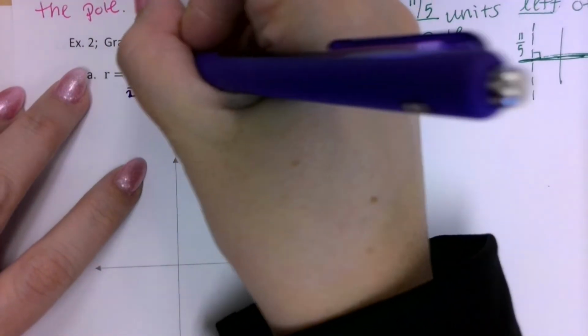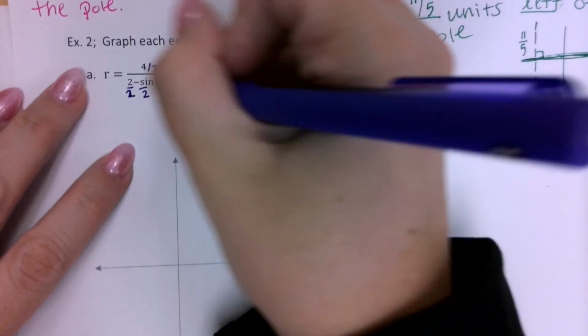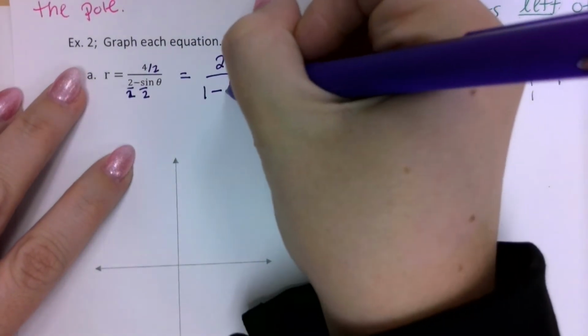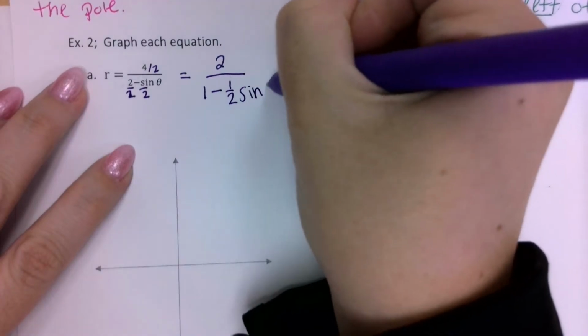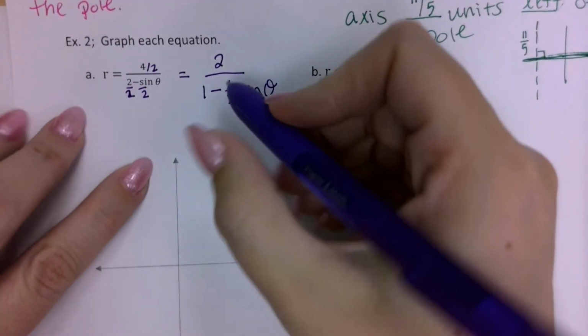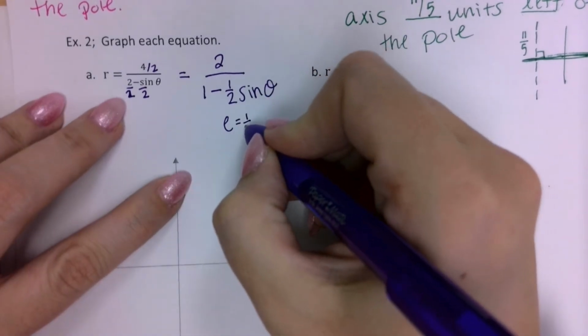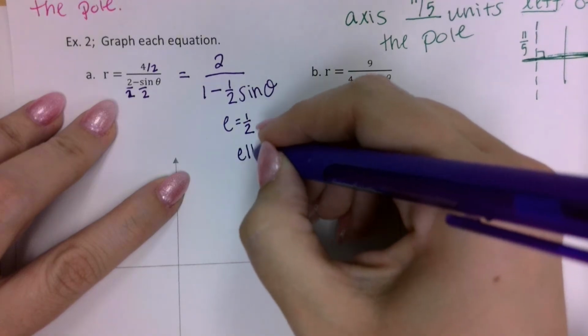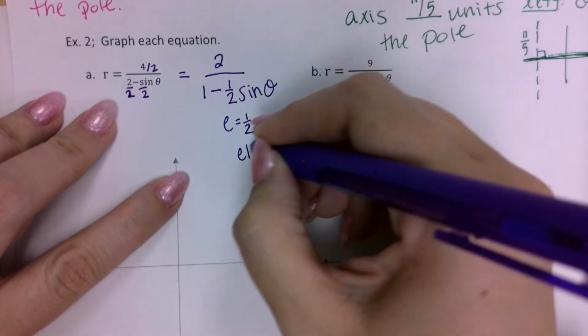So we end up with 4 divided by 2 would be 2 over 1 minus, now this is like 1 over 2, so it would be a half sine theta. So because this is a 1/2, that means E is 1/2. If it's 1/2, that's less than 1, which means this is going to be an ellipse.